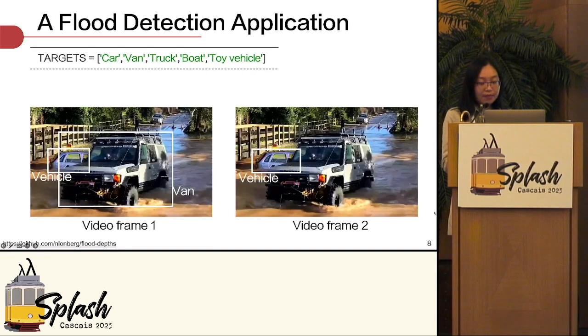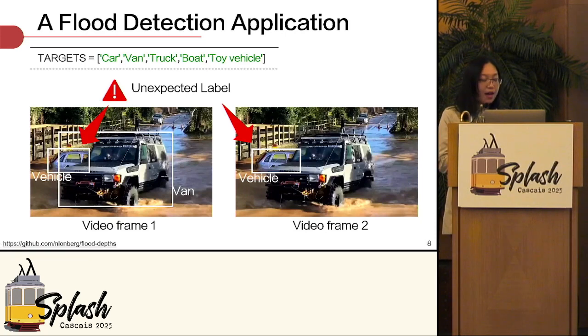Here we show the API outputs on adjacent frames in the video. As we can see, the left car is successfully identified by the API in both frames and is labeled as vehicle. However, without a clear API specification, the software developers do not anticipate the vehicle output and do not include it in the target list. As a result, this correct but unexpected output means this car will be mistakenly skipped in the flood depth prediction.